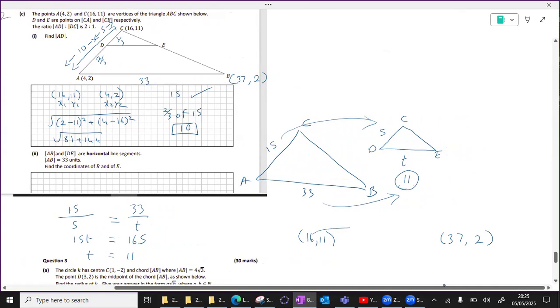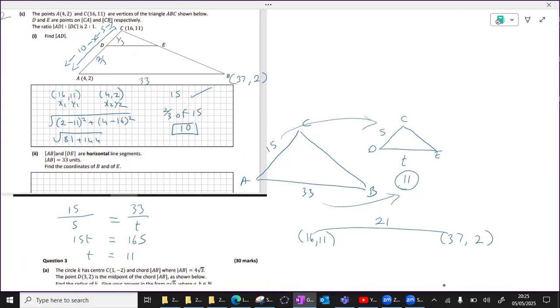So if I think about the distance from 16 to 37, that's a distance there of 21. Let's just make sure that's right, 37 minus 16, so that's 21. Now, if I divide that by 3, that would be 7.